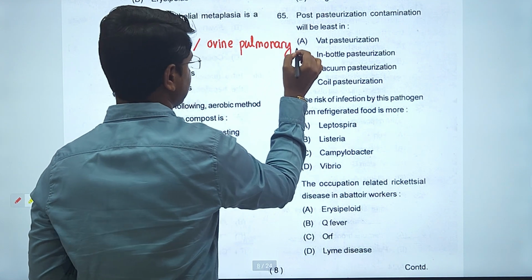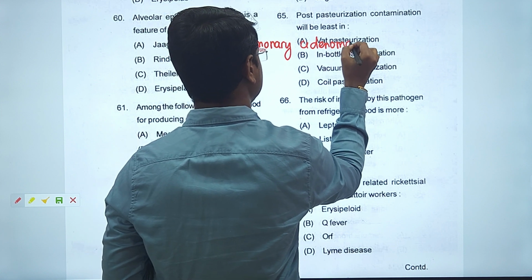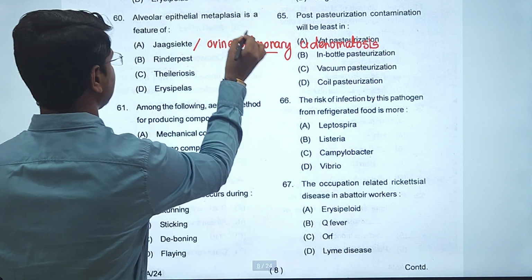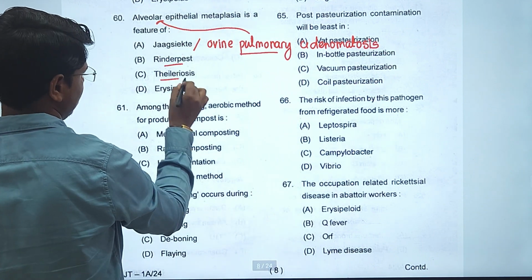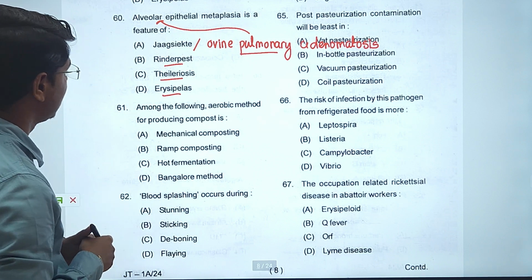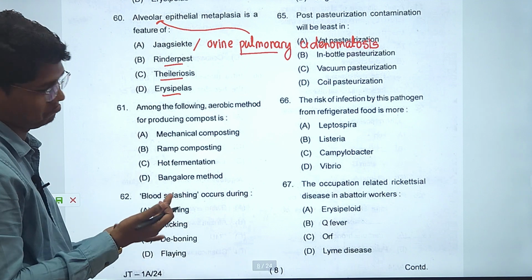Here it is alveolar. Rhinopestis and erysipelas primarily do not affect the lung. Sometimes you have to exclude other options to find the correct option.